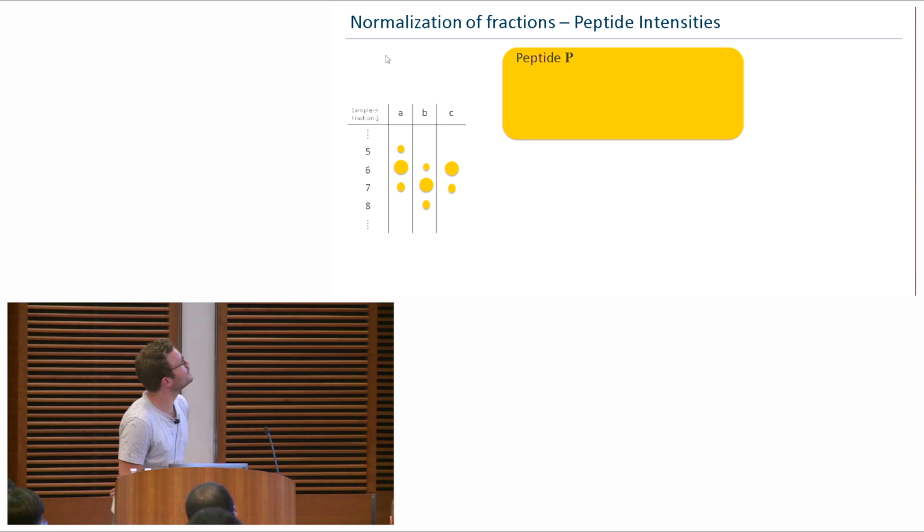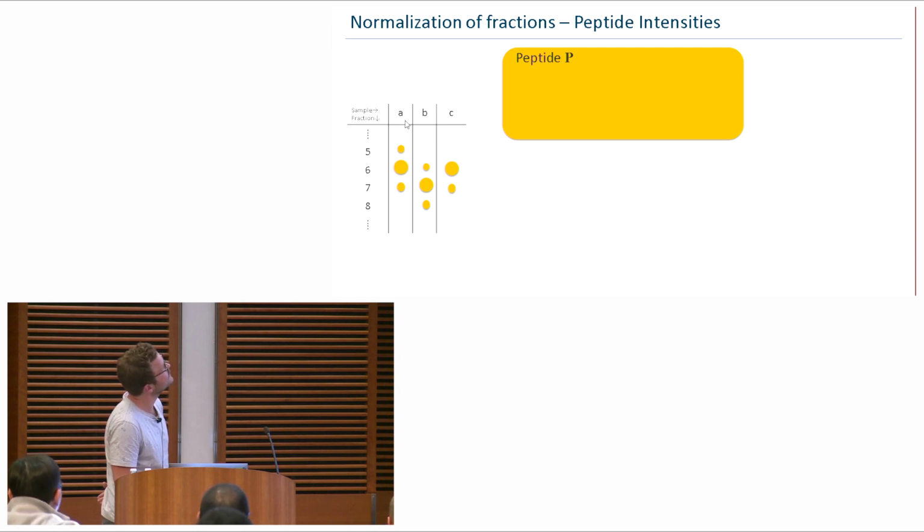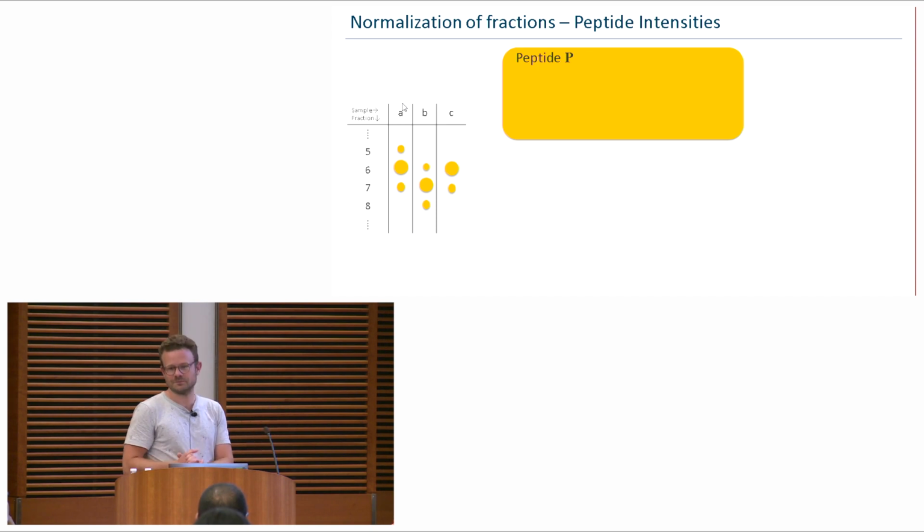Okay, so now let's have a look at this experiment. So we have samples from A to C, and there are fractions, and we have a look at fractions 5 to 8, and there is peptide P, which is yellow. And this peptide P appears for sample A in 3 fractions, right?